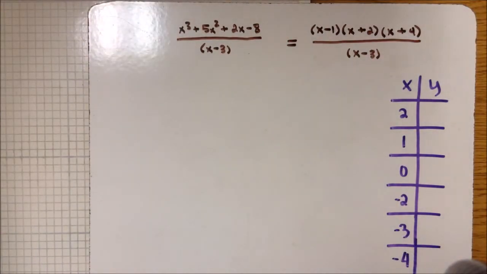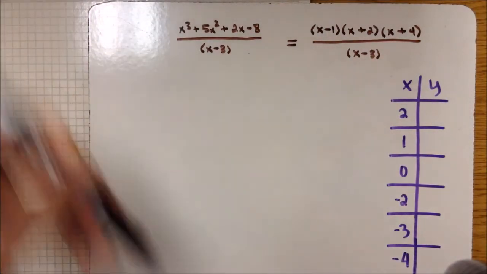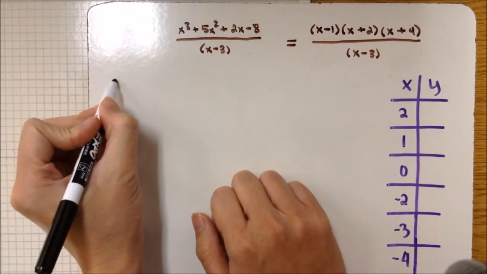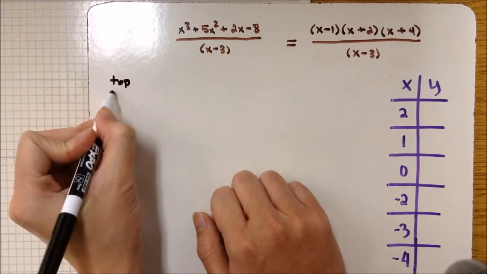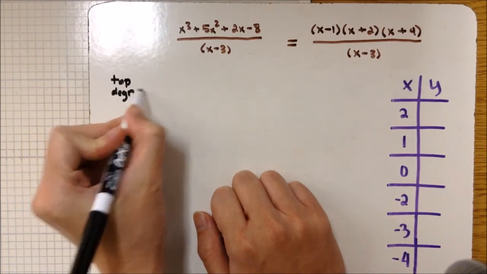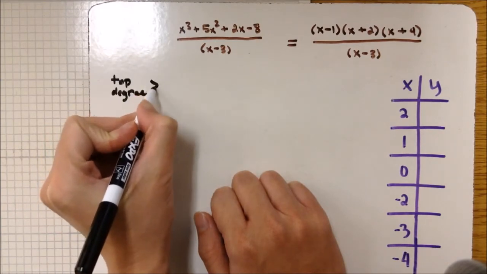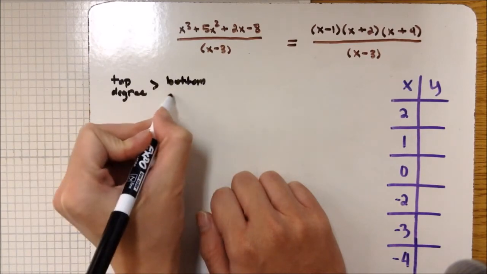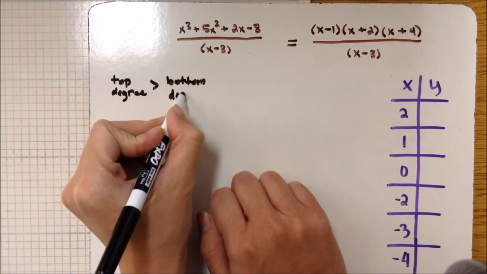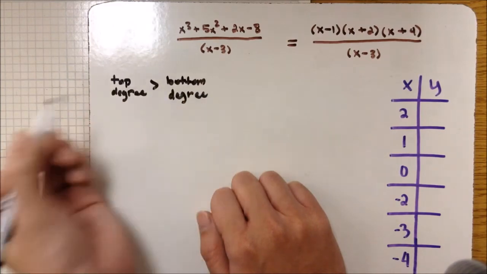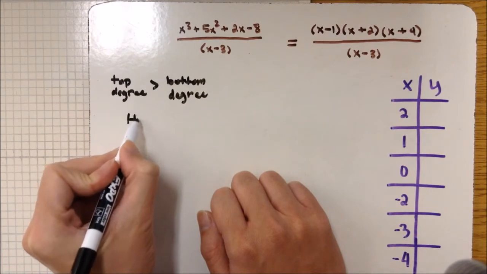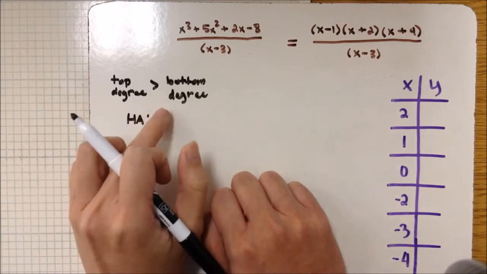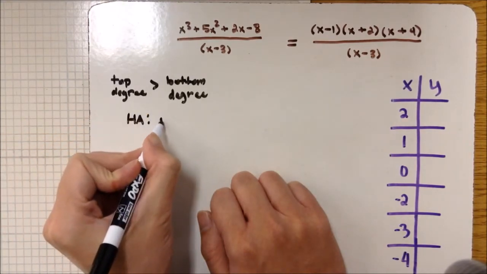So if I were to write that out as my supporting information for graphing, again, top degree was more than bottom degree, then the rule is our HA, horizontal asymptote, is y, nope, there are none.